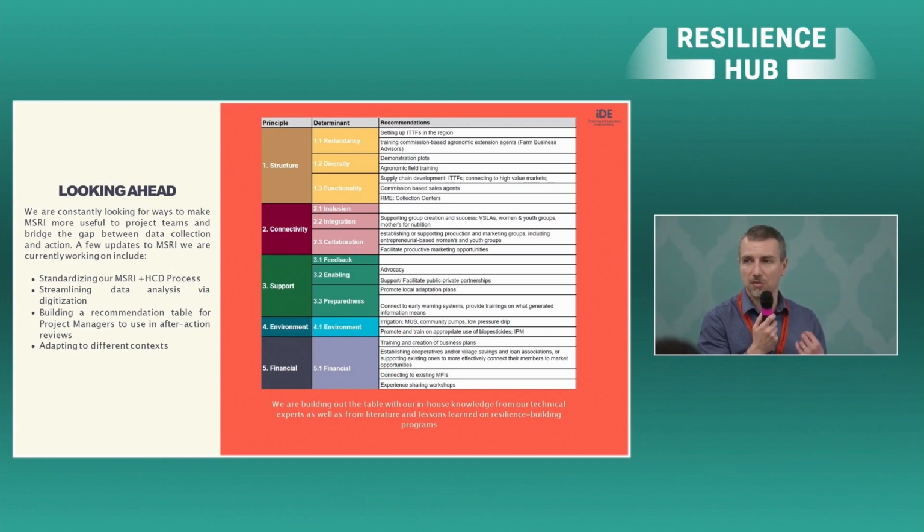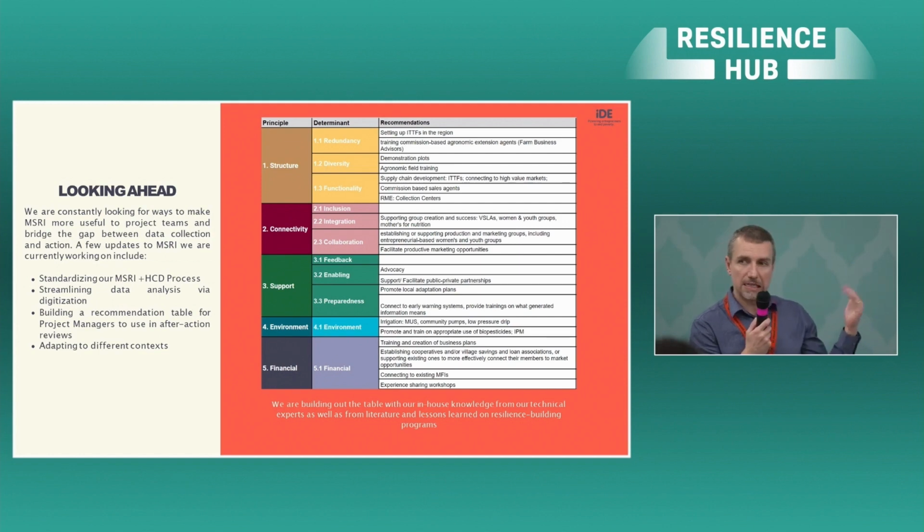As a project manager in the field in rural northern Mozambique, you're not an expert in everything. I'm certainly not an expert here. That's very difficult. So what we want to do is build out what we're calling our resilience recommendation table, which is essentially using an evidence-based approach to looking at what has worked to build resilience and then tying that to different elements of the resilience from MSRI.